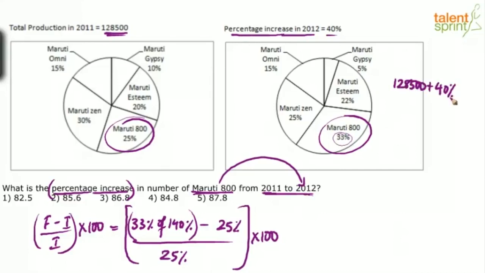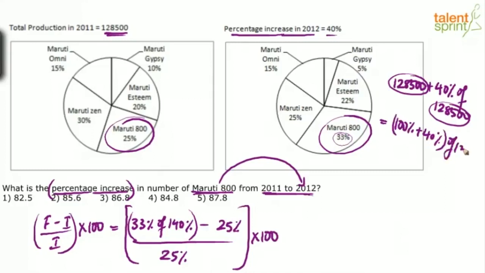It has increased by 40%. 40% of what? 40% of 1,28,500. If you take 1,28,500 common here, this is like 100% of 1,28,500 plus 40% of 1,28,500. So it comes out to be 100% plus 40% of 1,28,500, which is 140% of 1,28,500. Right?